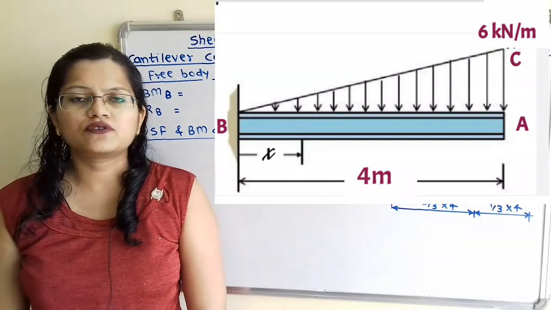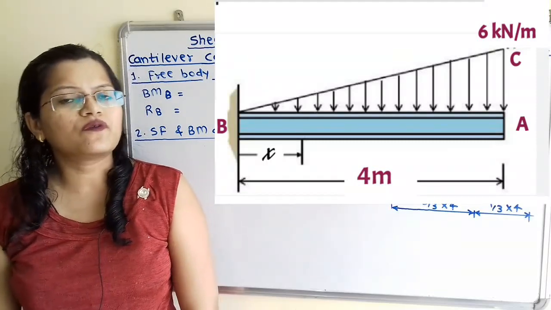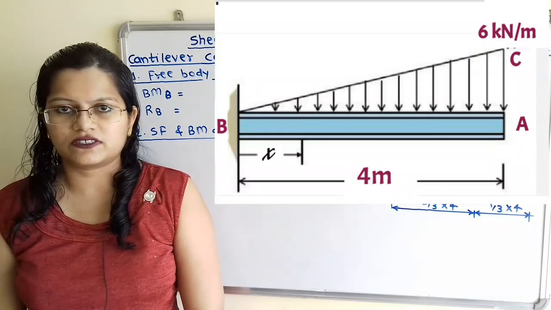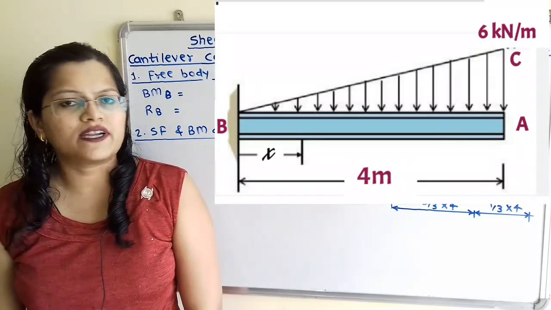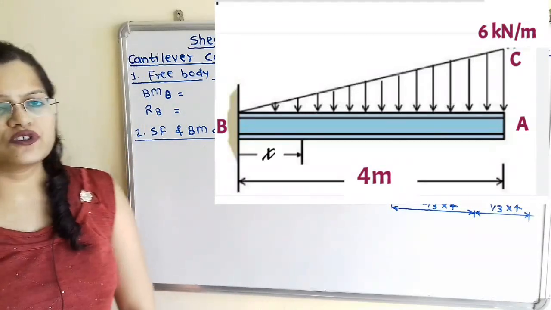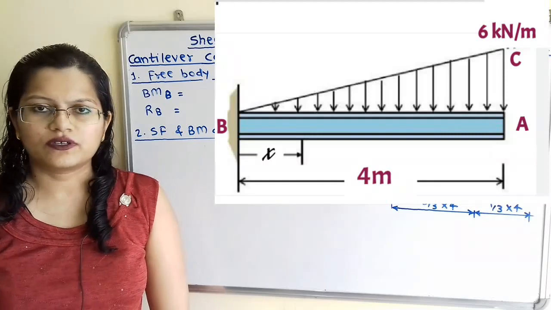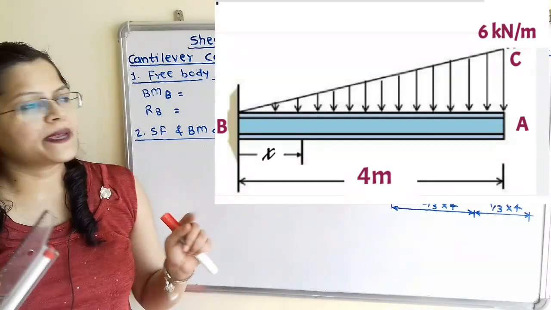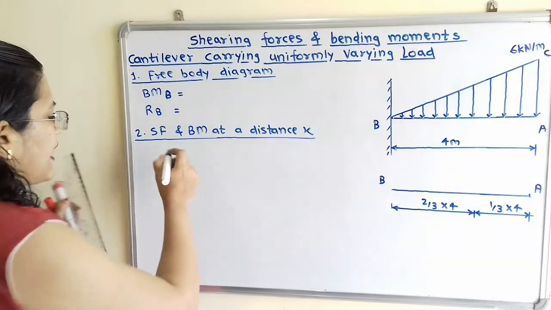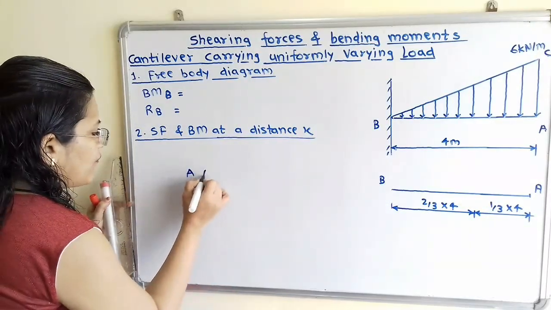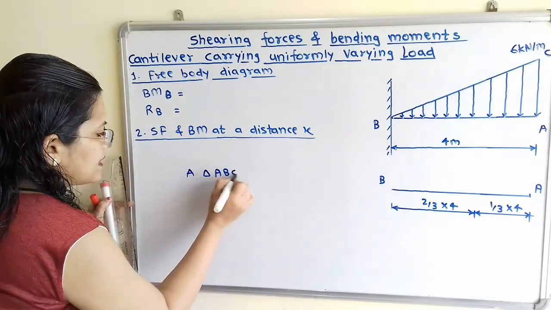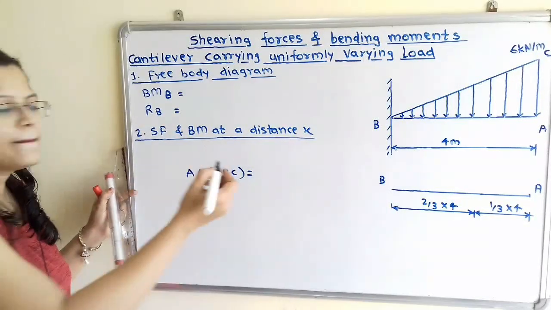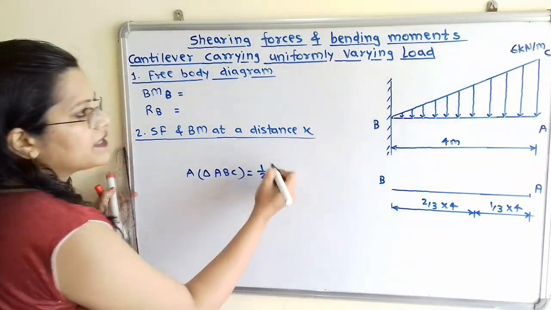First step is to draw the free body diagram to find out the reaction forces. So how to calculate the total load for this uniformly varying load? This total load is equal to the area of triangle ABC. The area of triangle ABC is half multiplied by base multiplied by height.